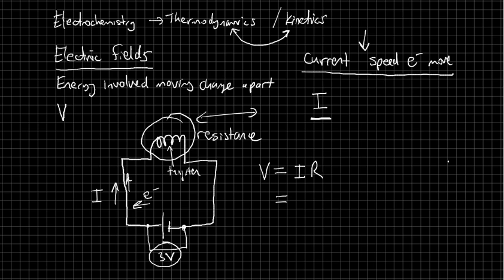And so that's one way of saying it. The other way of saying it is to think about the opposite of resistance, so how well it conducts, which is conductance. And so we can also describe it in terms of conductance, which is sometimes what happens when you consider a solution.